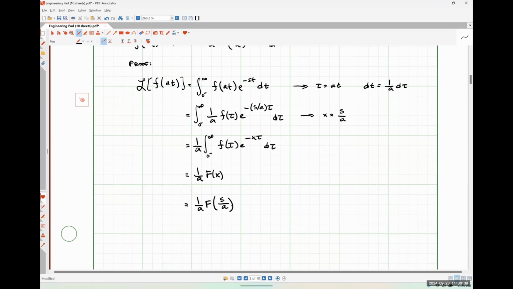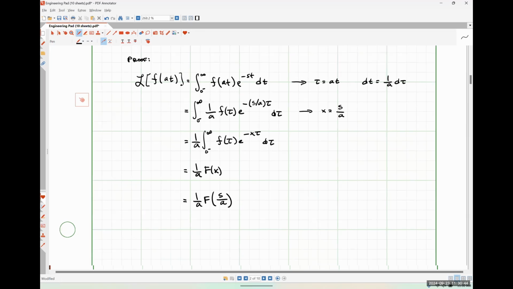So that's time scaling. Now we will look at time shifting.